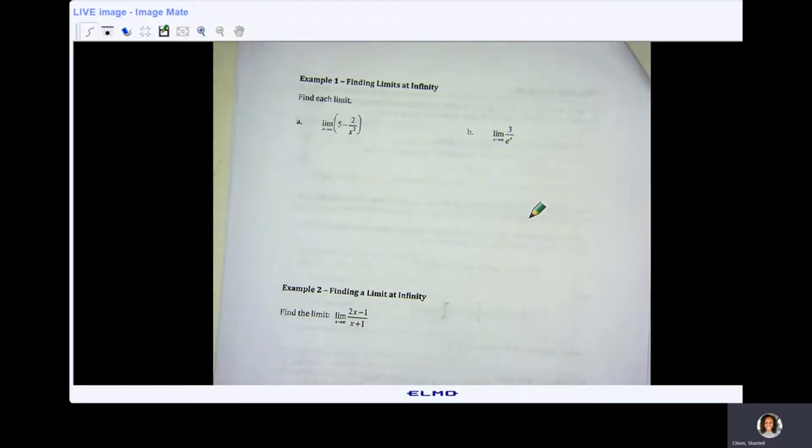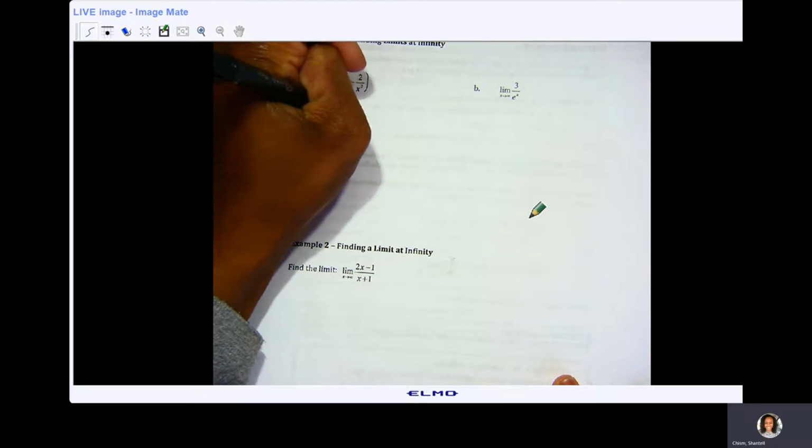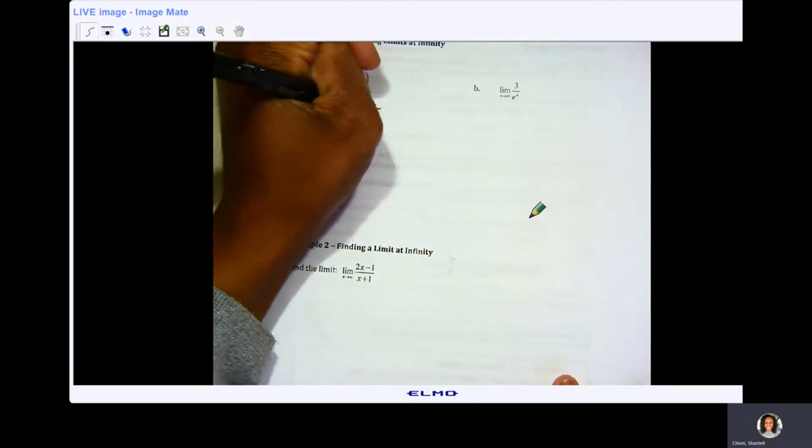Okay? All right, let's look at a few examples here. On part A and B, at the very top for example 1, it says find each limit. So right here I've got the limit as x approaches positive infinity of 5, a constant, minus 2 over x squared. What I'm going to do is separate this difference of these two terms and give them each their own limit expression. The limit as x approaches infinity of 5 minus the limit as x approaches infinity of 2 over x squared.